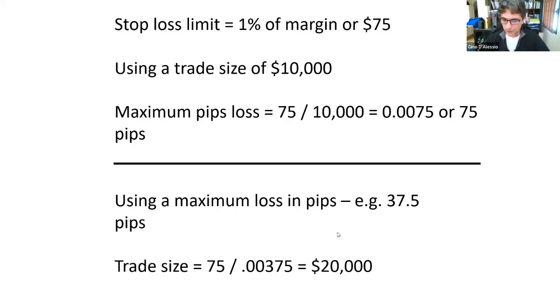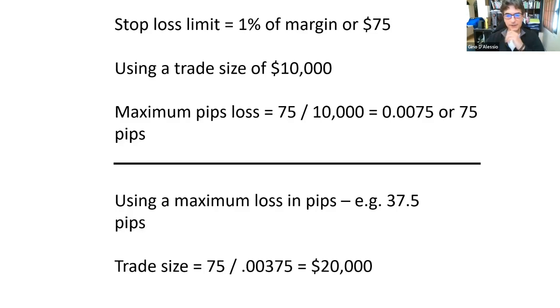So from this calculation, I know that on this particular trade I can trade with $20,000. Because my trading plan tells me my stop loss is 37.5 pips away, I put that into this small formula: I divide $75 by the number of pips, and I get the trading size. In this case, $20,000.